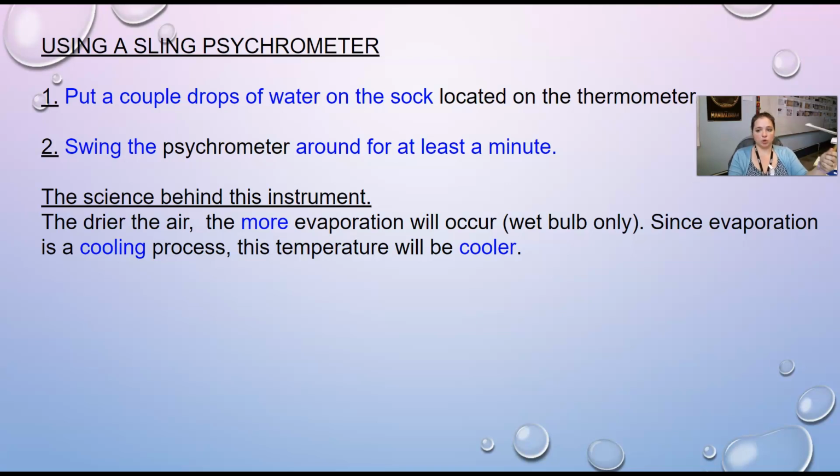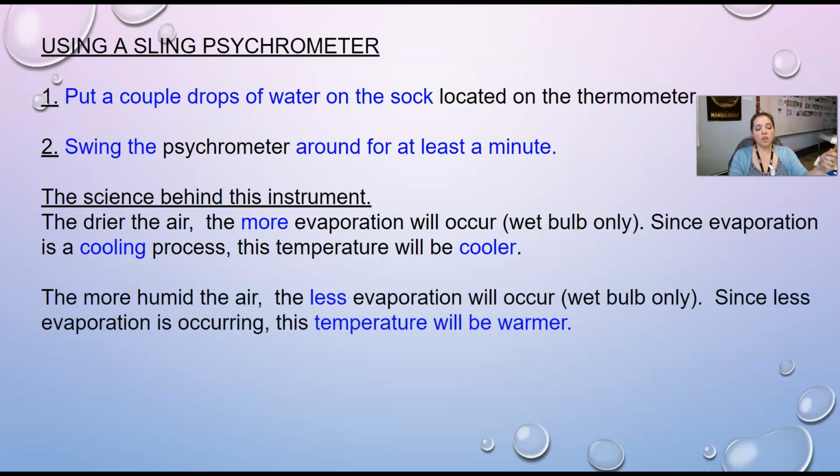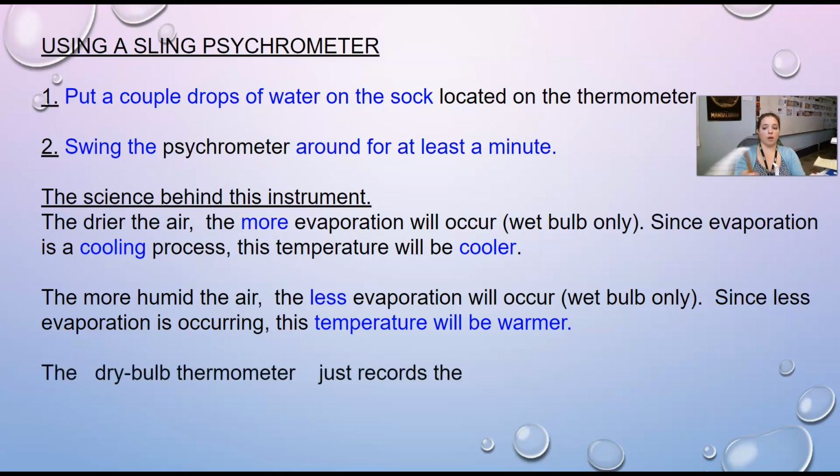It makes the temperature cooler. And the more humid the air, the less evaporation, and since that's occurring, this temperature will be warmer. One thing to note, though: the dry bulb, the one that doesn't have the sock on it, just records the air temperature, where the sock records the dew point.